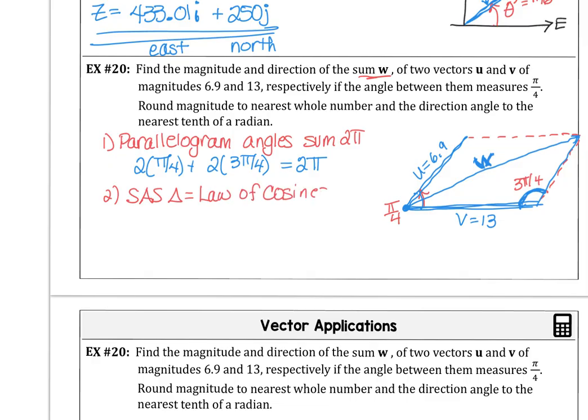So we need our calculator again. And to get the length of W, it's going to be 6.9 squared plus 13 squared minus 2 times 6.9 times 13 times the cosine of that angle, 3 pi over 4.